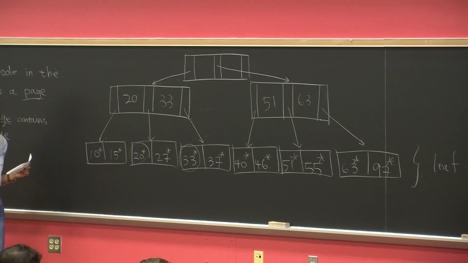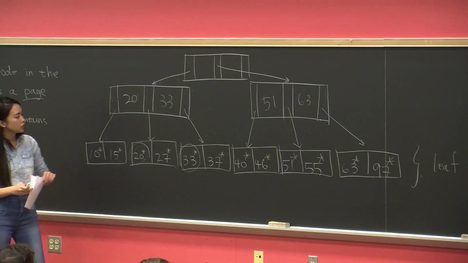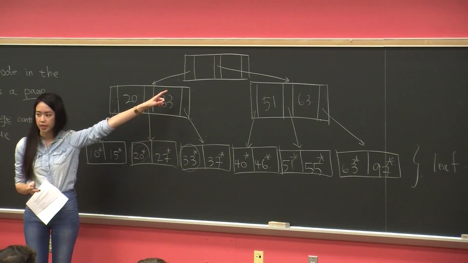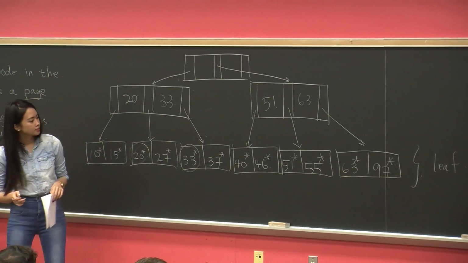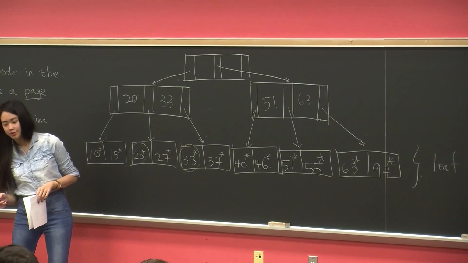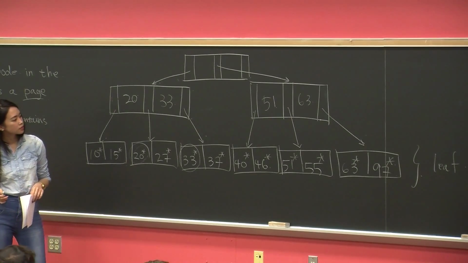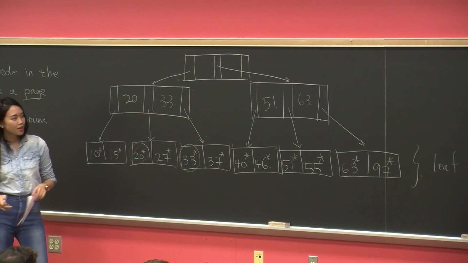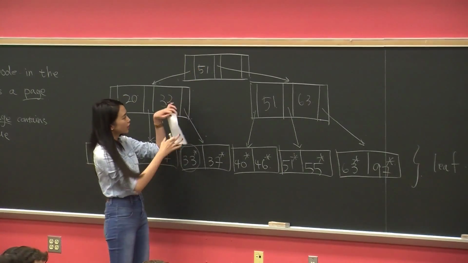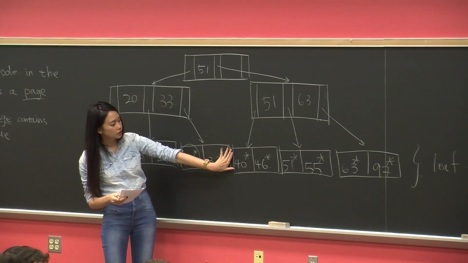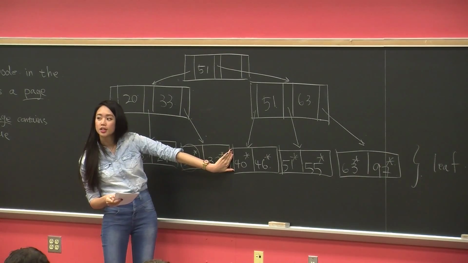Okay? So how about this time? What do you think the values of that should be? 51. If we put 51, and you go look at the subtree of this side, 40 is smaller than 51.